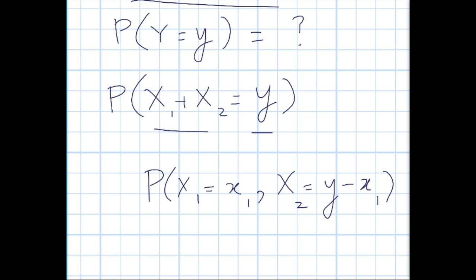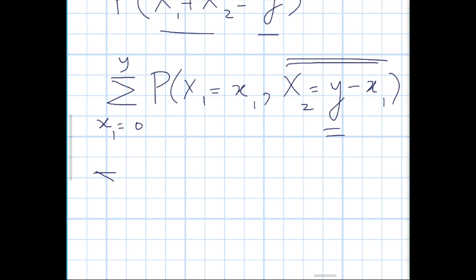But then X1 can be any value from 0 to, what's the maximum value of X1? The maximum value of X1 should be equal to y here. Because if X1 is greater than y, then X2 can take negative values. And we know that a binomial random variable cannot take negative values. So now we have X1 from 0 to y.